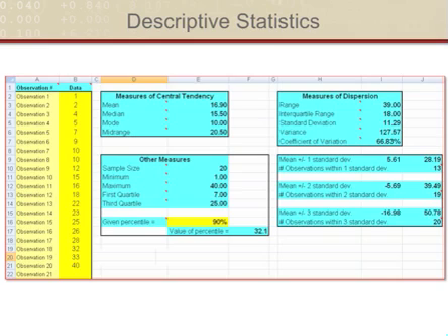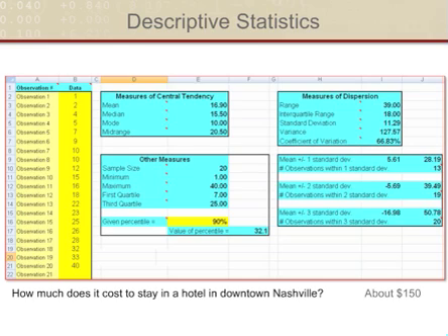Central tendency is basically a measure of location. Where is the data basically centered around? If somebody asked, how much does it cost to stay in a hotel in downtown Nashville? And you know the prices are all over the place, and you said, about $150.